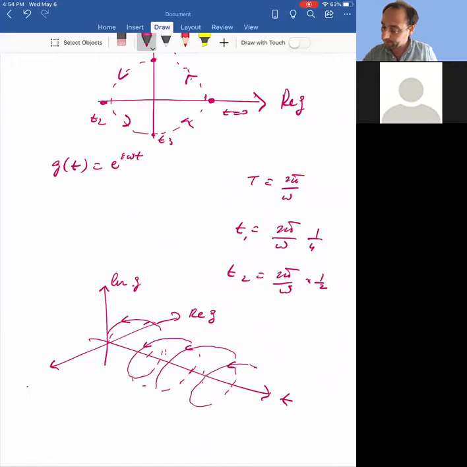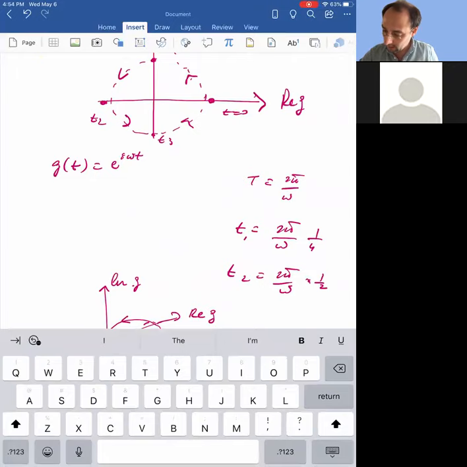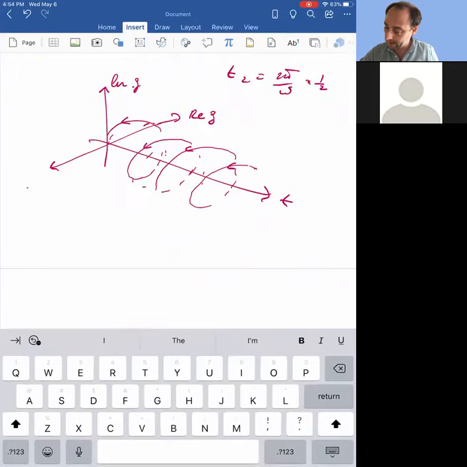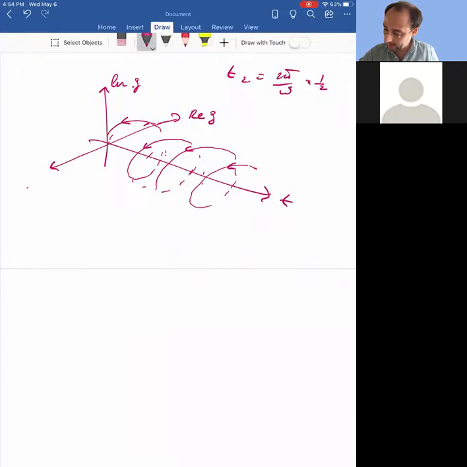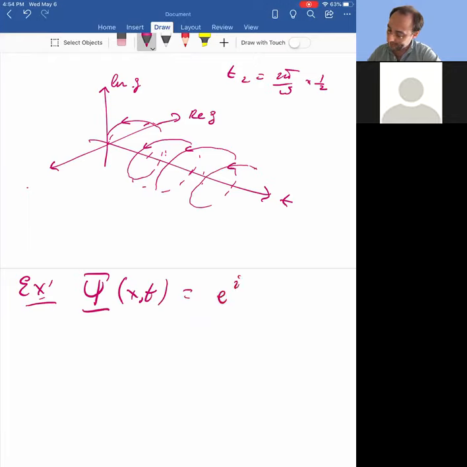And finally, what if it is something like that? Let me give you another example. I lost track of the examples. Some kind of a big psi, a function of both space and time, is e to the i (kx minus omega t).